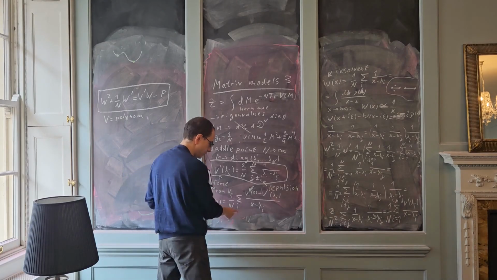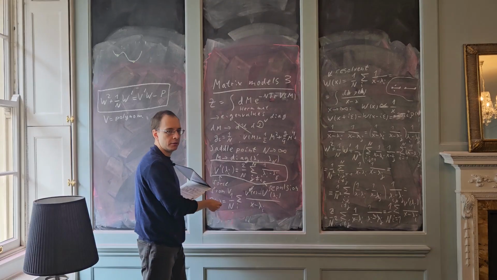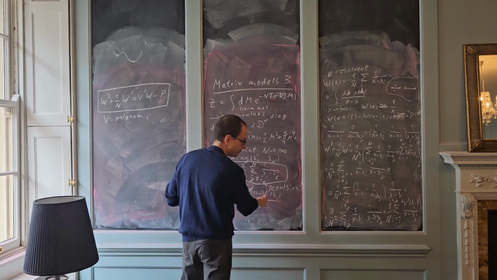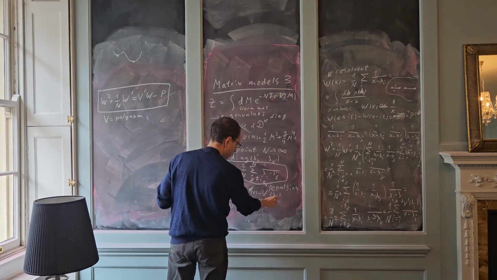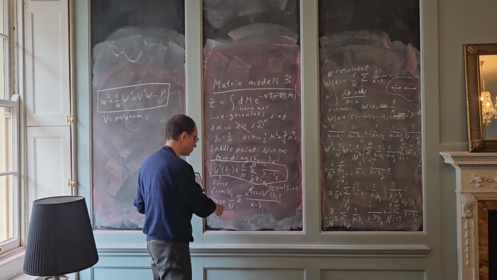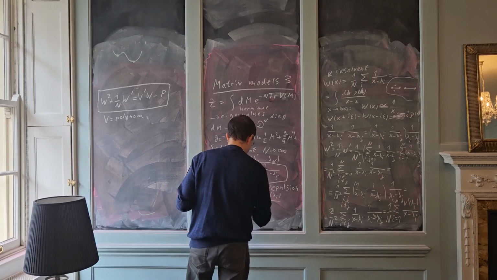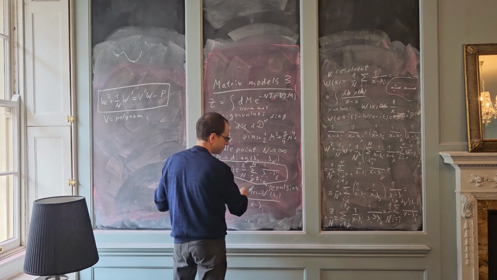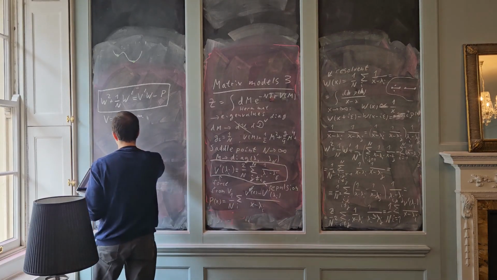At first glance, it may look like it has poles at x equal lambda i. But in fact, the numerator has zeros at the same location. If x is equal to one of the lambdas, the numerator vanishes. So in fact, there is no pole. It means that it's a function without any singularities. At large x, it has polynomial asymptotics coming from v prime. So that means that p of x is just a polynomial.